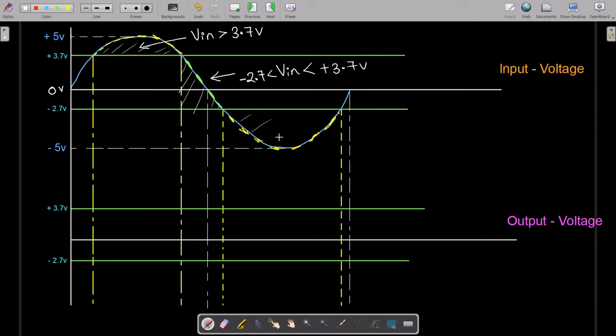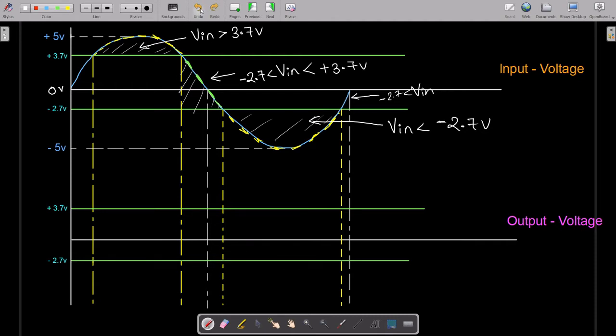Here V in is less than minus 2.7 volts. The middle region is the same, lying in this domain only when V in is greater than minus 2.7 volts and less than plus 3.7 volts. So it is one and the same, and I'm not writing it again.